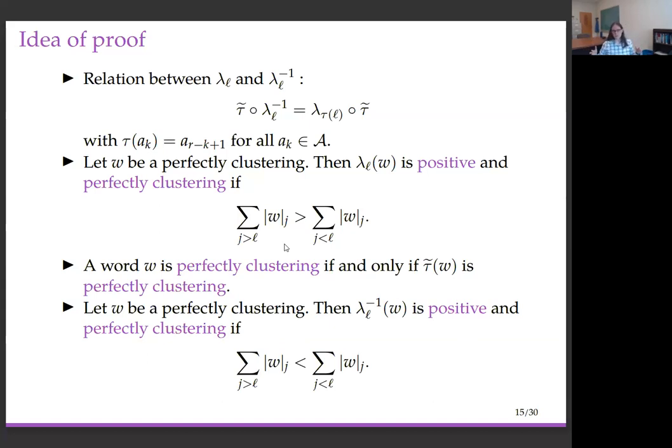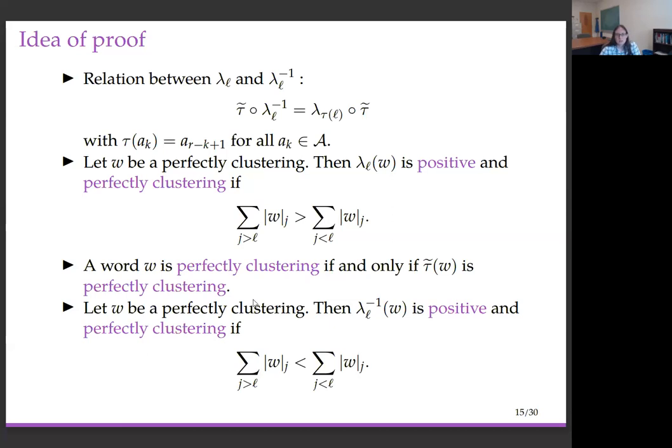And if the sum of the letters bigger than my special letter L is bigger than the sum of the letters smaller than L, then I know that this word will be positive and perfectly clustering.